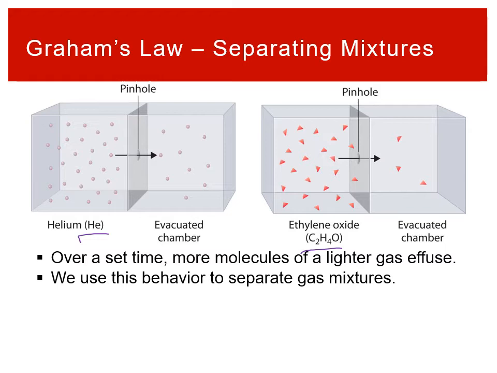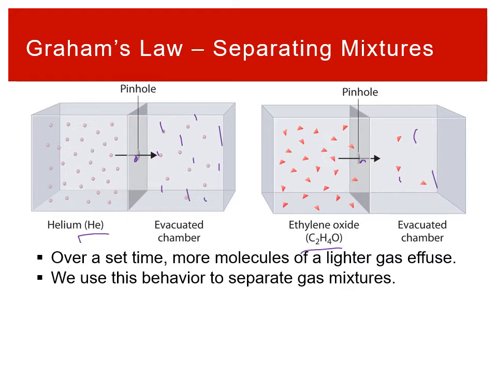Whereas ethylene oxide, you've got 2 carbons, oxygen, and some hydrogens. There's a lot in there. So say you opened up these holes at the same time, you can see that because the helium effuses more rapidly, more of those molecules have made it into the empty space than the ethylene oxide would. So over time, it's faster for the helium to effuse.